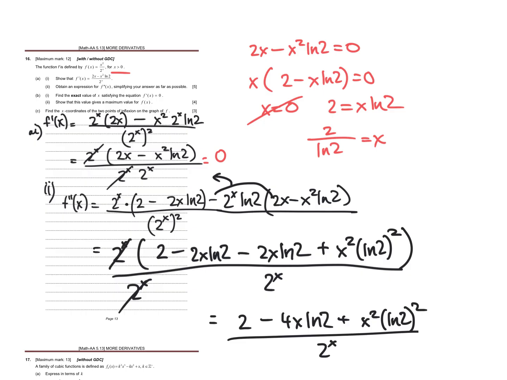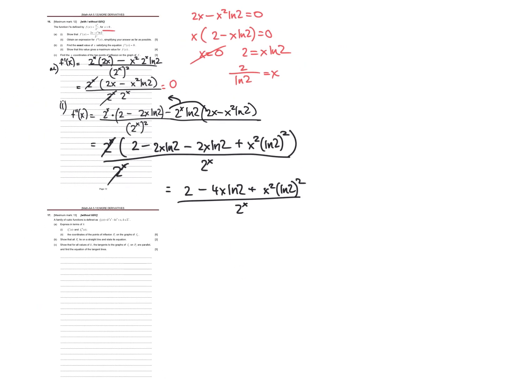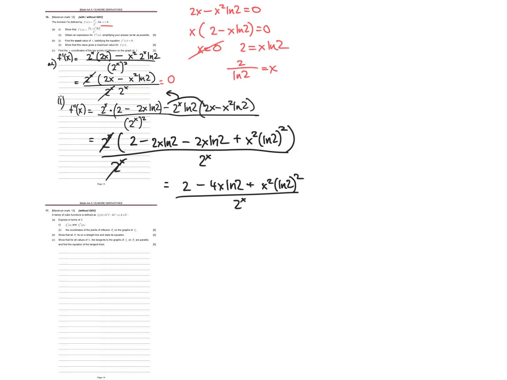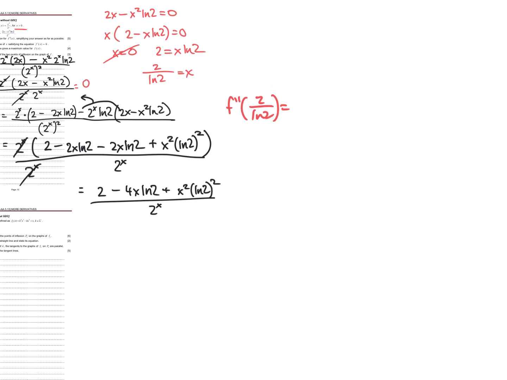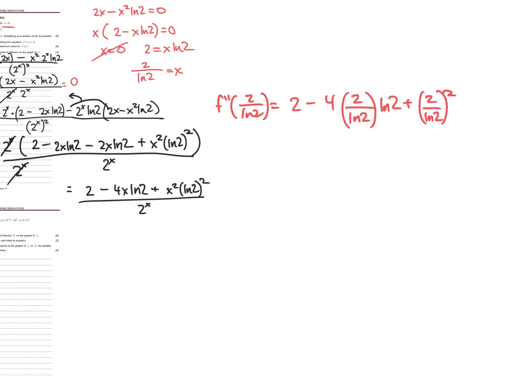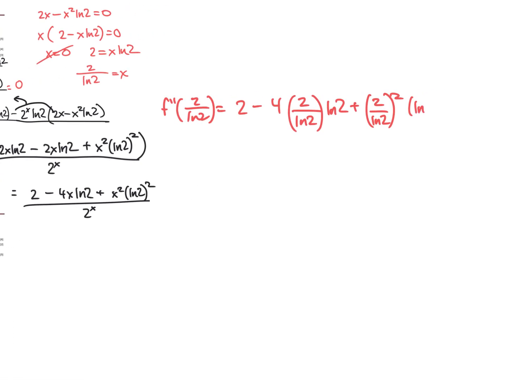Show that this gives a maximum value, so we would substitute that into the second derivative. So we're going to have 2 minus 4 times 2 over natural log 2 plus 2 over natural log 2 squared times natural log 2 squared over 2 to the 2 over natural log 2.